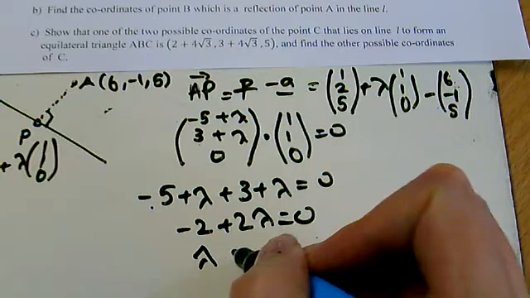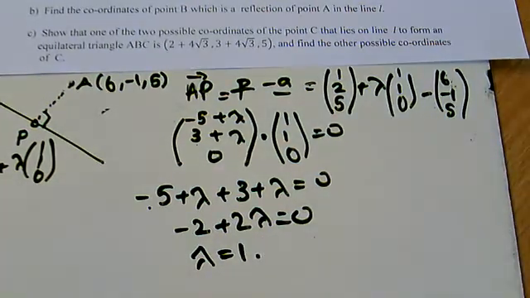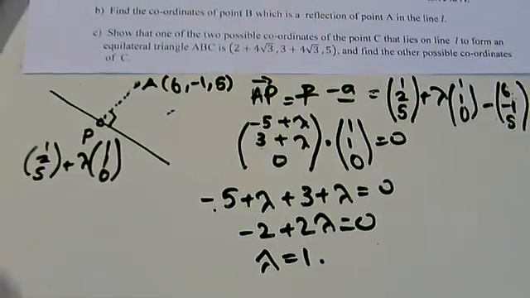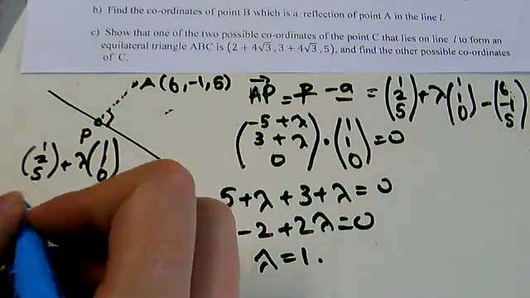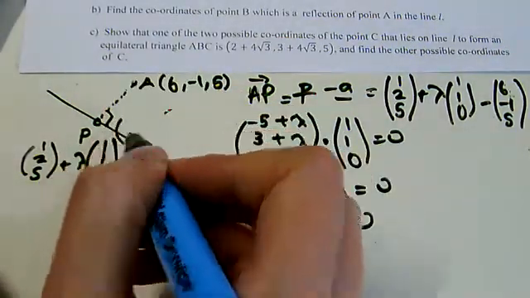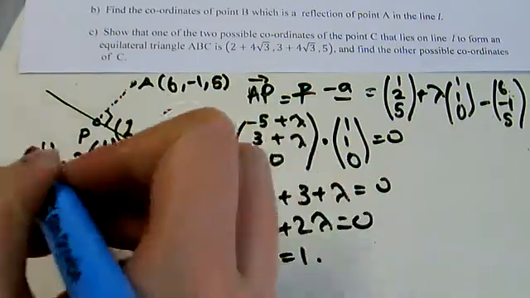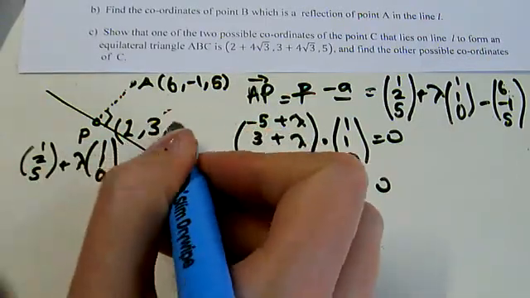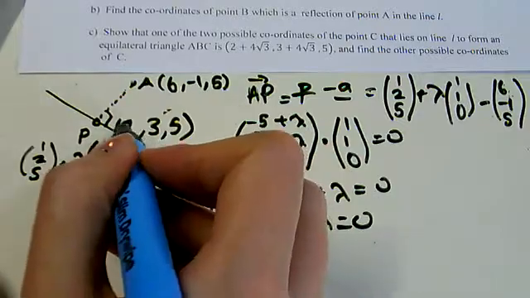And that means lambda's going to be 1. So if I substitute lambda as 1 back into this point now, I would have 1 plus 1 is 2, 2 plus 1 is 3, 5 plus nothing is 5, and so I've got the coordinates of the point P there.